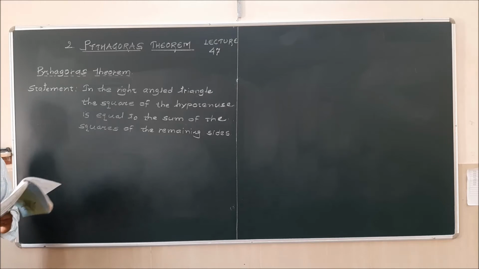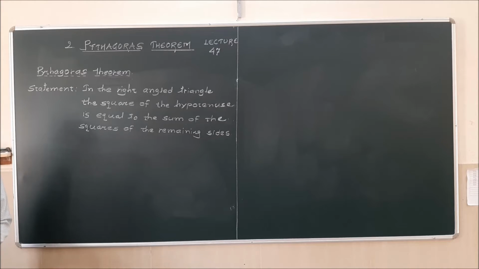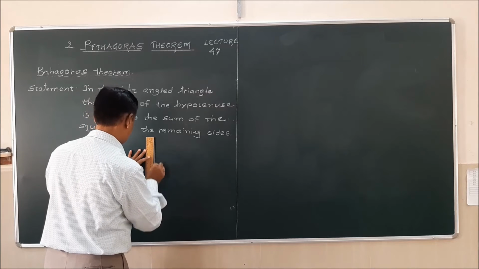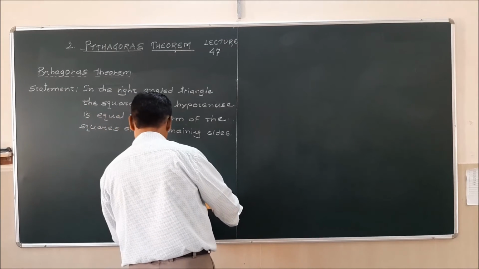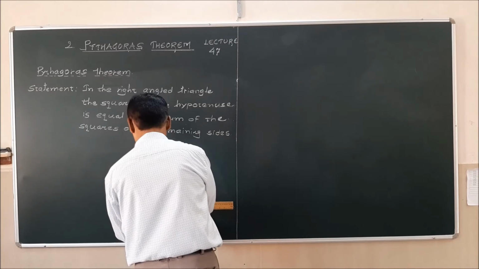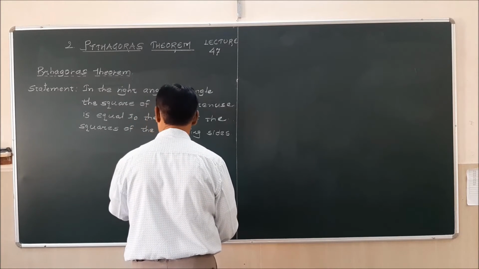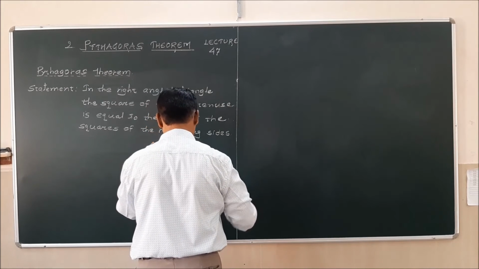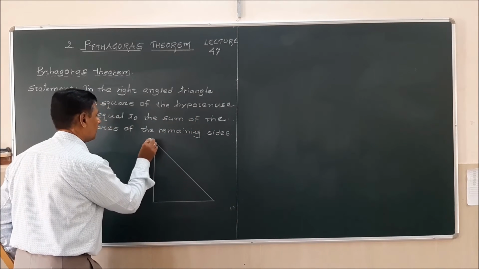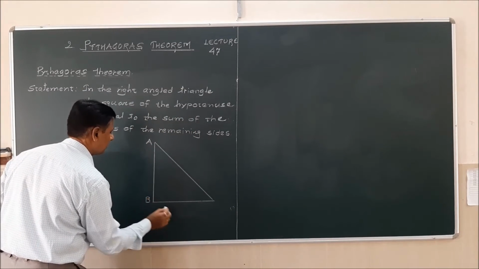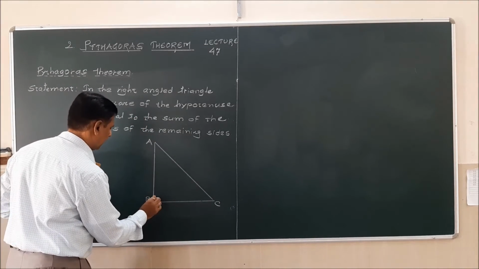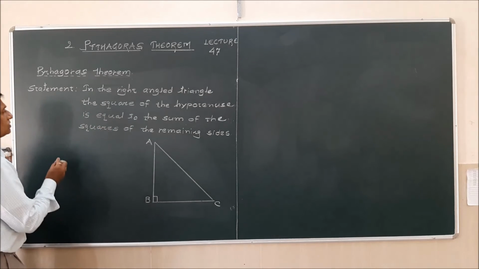So triangle ABC is given. This is the required figure. Triangle ABC is given, in which angle B is of 90 degrees.